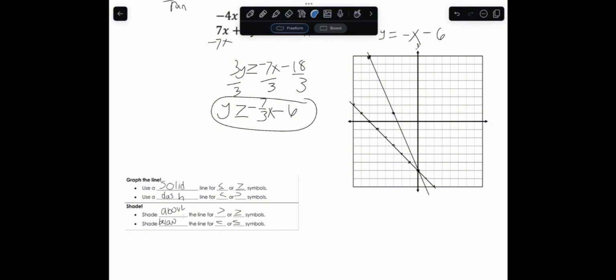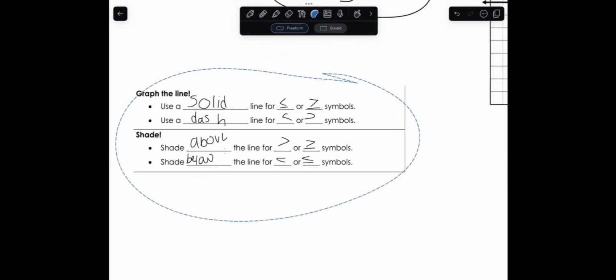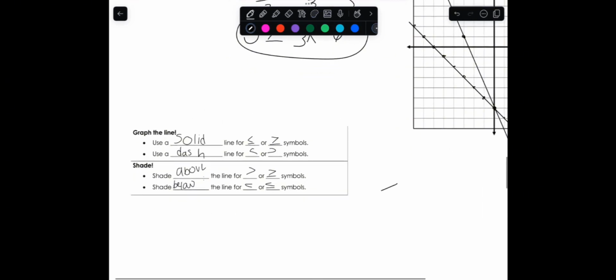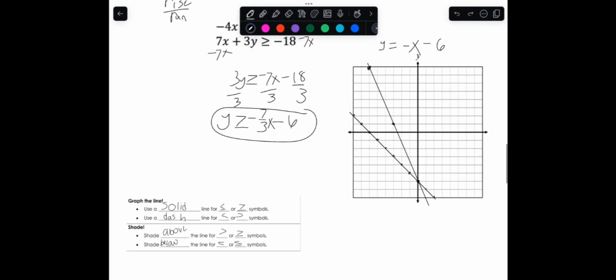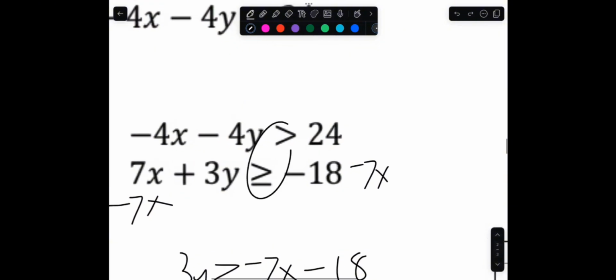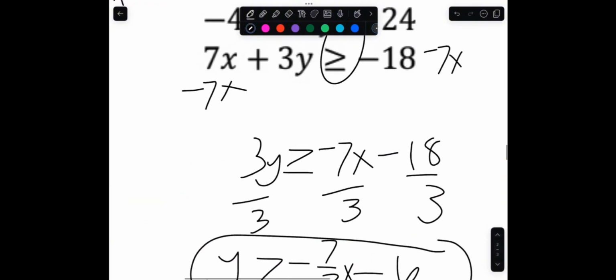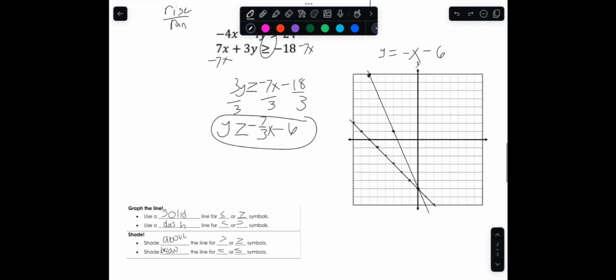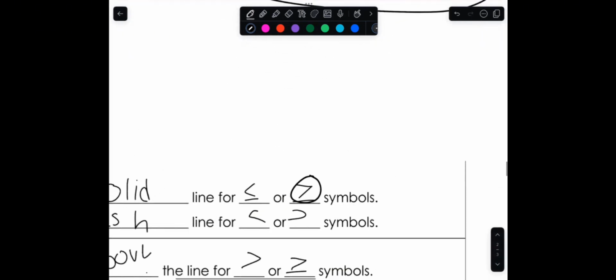Now that we have both our equations, we're going to look at the symbols, and as you notice, one of our equations has the line under, which means it is a solid line, and one doesn't. So the one that doesn't will be a dotted line.